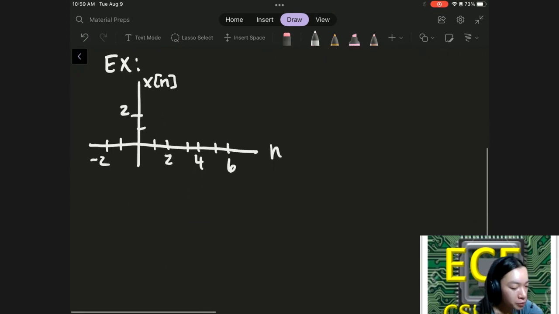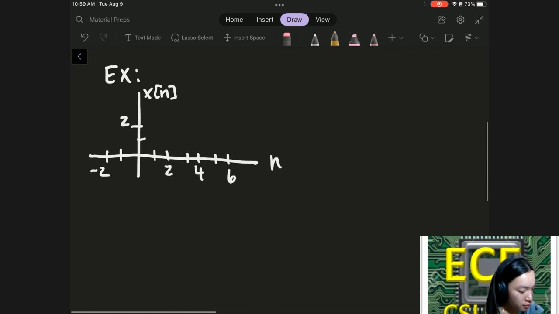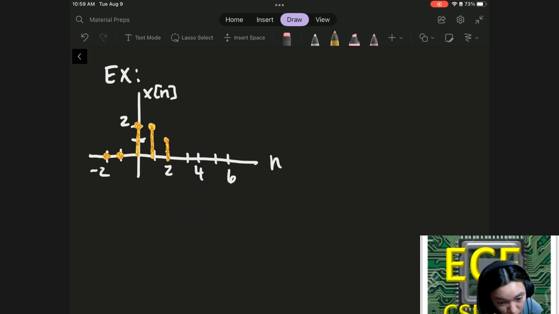So, 0, 0, 2. And then at 1, it's also 2. And then this is 1. And then the rest is 0. That's x of n.